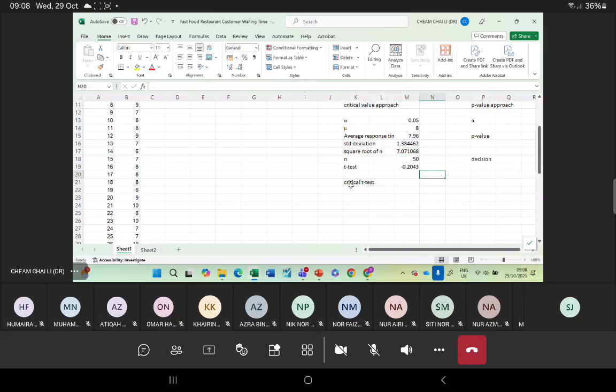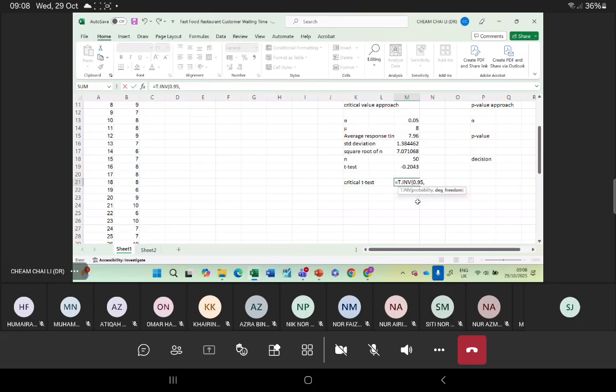So for the critical value, like before, right? For the critical value, you only have one tail, so you use this one. T.INV, sorry, T.INV. So you have one tail, and then the probability 1 minus alpha, so still 0.95.